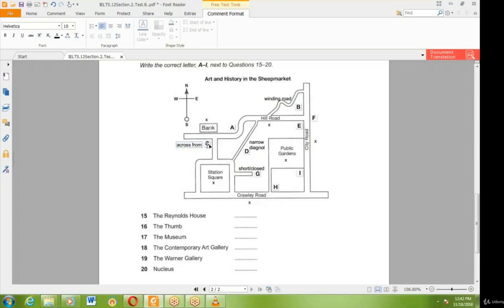Now, what's the English word? The reason I'm going over this with you guys in terms of language is that some people don't get this part of making maps easy. What do you call this part where Hill Road and City Road come together?